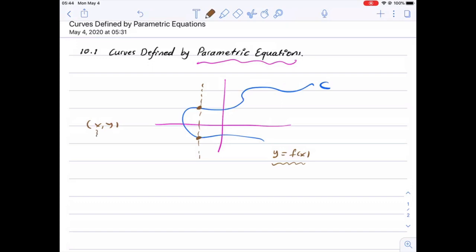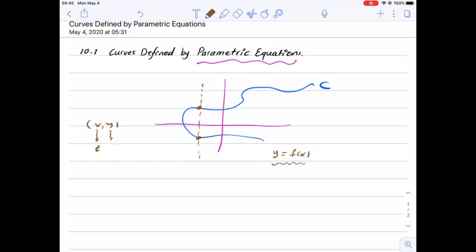So we need to define x and y in terms of a parameter. You can imagine a parameter as a variable, but with some restrictions. For the purposes of explaining, imagine that t is a variable.